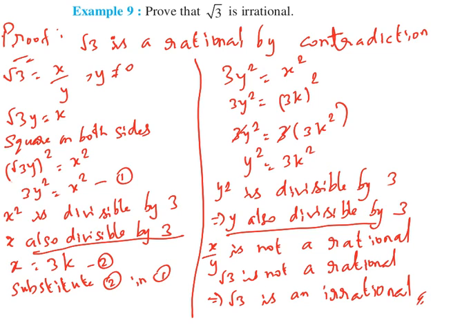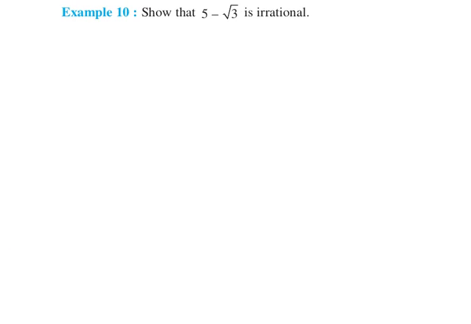Next one. Here we have to prove 5 minus root 3 is an irrational number. Up to now we have proved root 3 and root 2 are irrational numbers. Now we have to show that 5 minus root 3 is an irrational number.